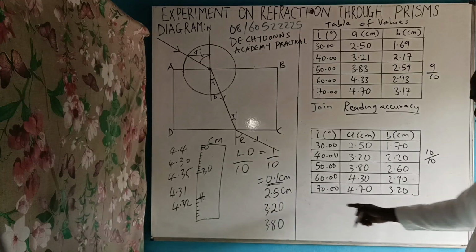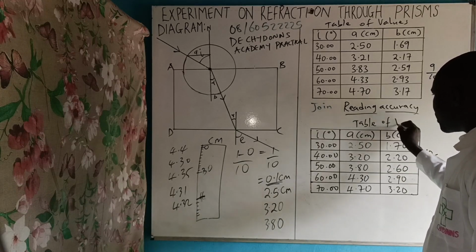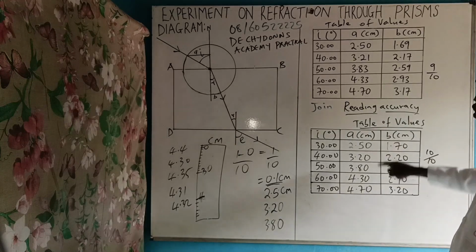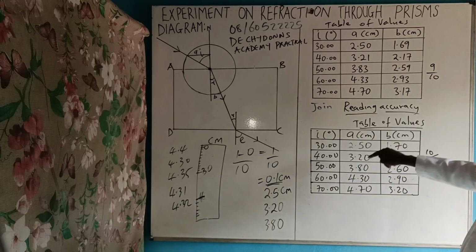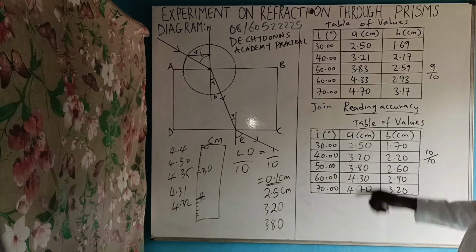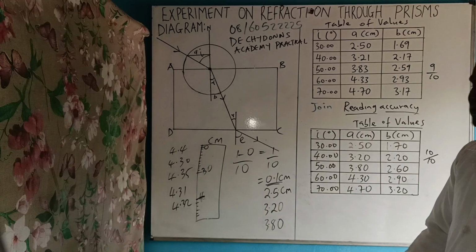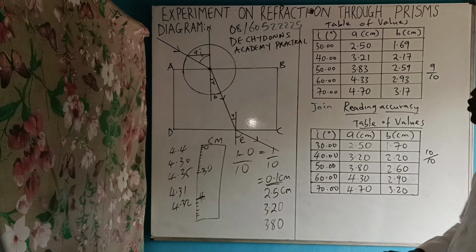So when you finish this, you write table of values on it and submit. This is 10 over 10. Whenever any lecturer or teacher sees this, he will tell you you are a genius, for being able to capture this using the reading accuracy principle of any measuring instrument.